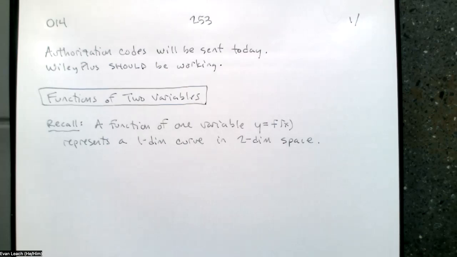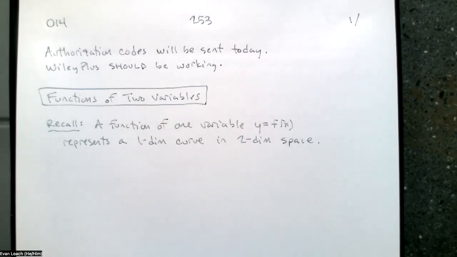But we're going to think of a function of one variable as a one-dimensional curve in two-dimensional space. The two-dimensional space part comes from the fact that I have two variables running around, x and y. But we're restricting ourselves by requiring that one of the variables be a function of the other variable.